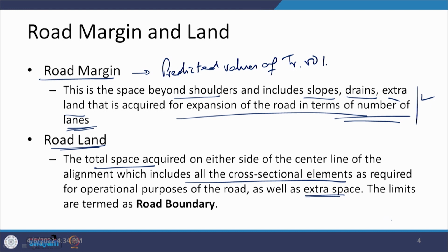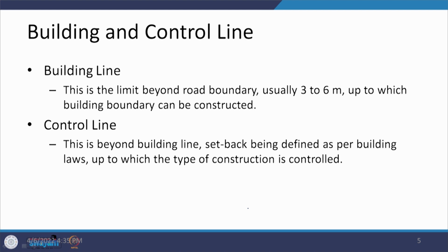So, what we get is that the extremities which are going to be there will be defined as the road land boundary or road boundary. If we say it is road land boundary, then in short it is going to be defined as RLB. Apart from this, there is going to be a building line and a control line. In that diagram that was also shown.